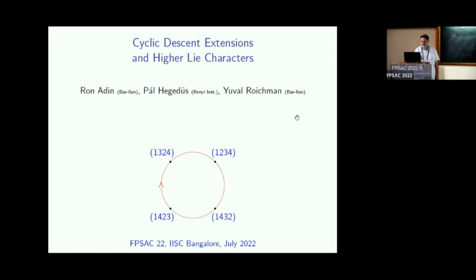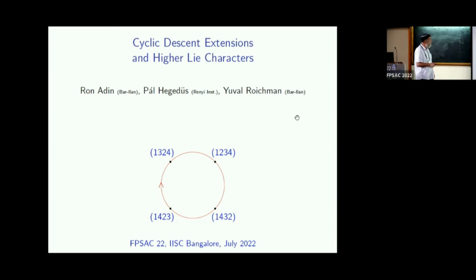Okay, so we will speak about cyclic descent extensions and higher Lie characters. The talk will consist of two parts. First, I will try to explain the concept of cyclic descent extension. I apologize to those who heard this part from me many times, but many people are not familiar with it.